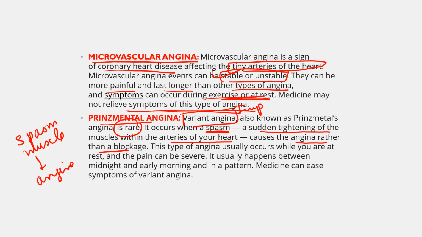This type of angina usually occurs when you are at rest and the pain can be severe. It usually happens between midnight and early morning. So we have to remember that Prinzmetal angina can occur at midnight or early morning and in a pattern. Medicine can ease the symptoms of variant angina. So these were the four types of angina.